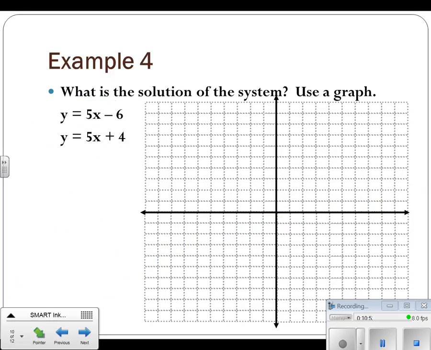When we're looking at the solution of this, right away I see what they have in common. They have the 5's here in common. If I have the first one graphed here with blue, it's going to cross at -6, slope of 5.